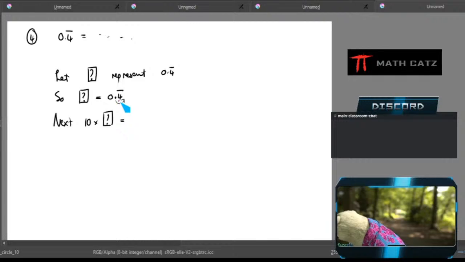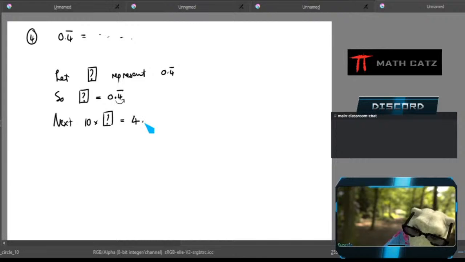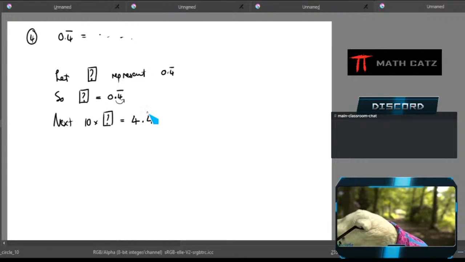If I multiply the right-hand side by 10 as well, I move the decimal place 1 to the right. And what I have is 4, and then still infinitely many 4s. They never end. I never run out of 4s on the right.